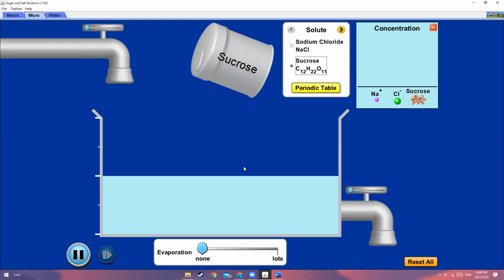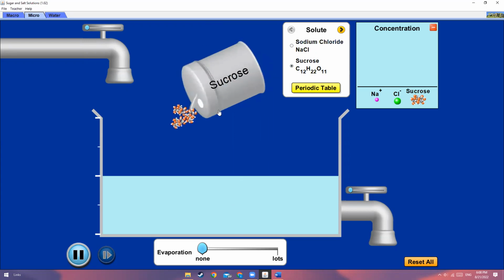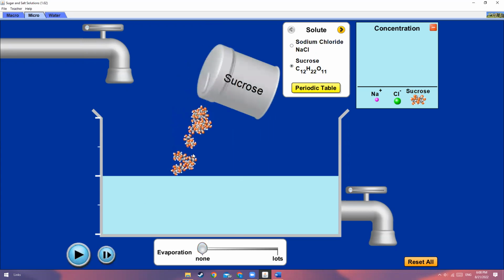Sucrose, in other words table sugar, and this blue liquid is supposed to represent water. If we can pause this, you see how when we dump the sugar, we've got this cluster of molecules here.